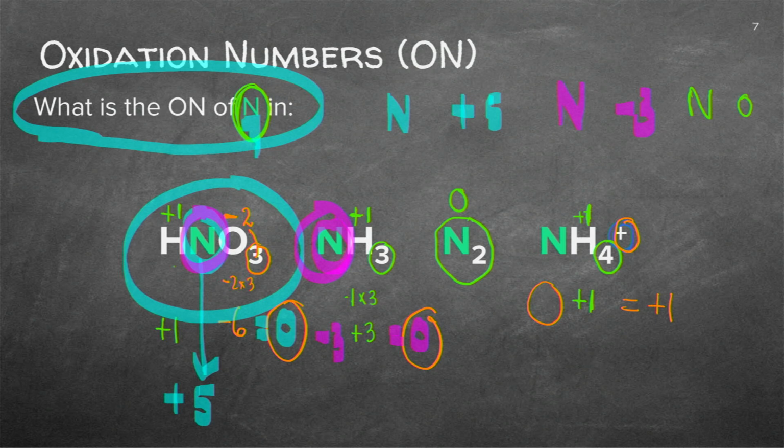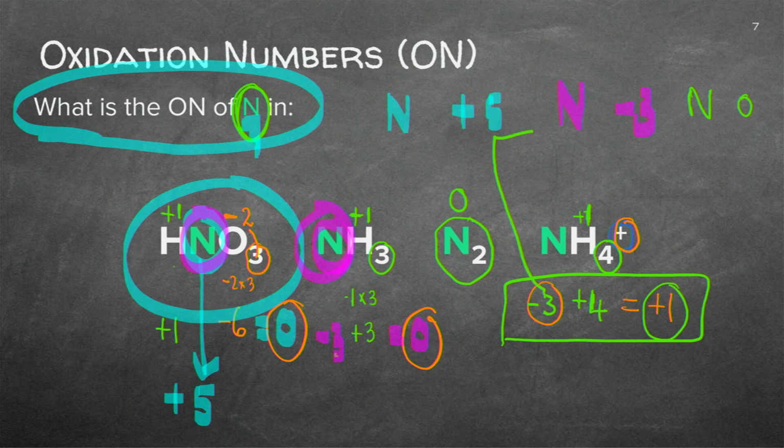So you see, if I add here a number of -3, I will get a number there that is different to the one here. So -3 +4 will give me +1. Do you see how we did it? So this oxidation number is exactly the same as that one there.